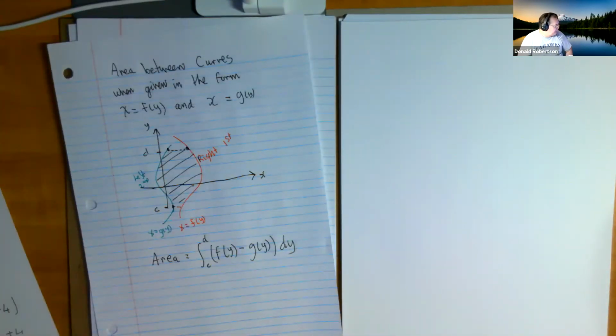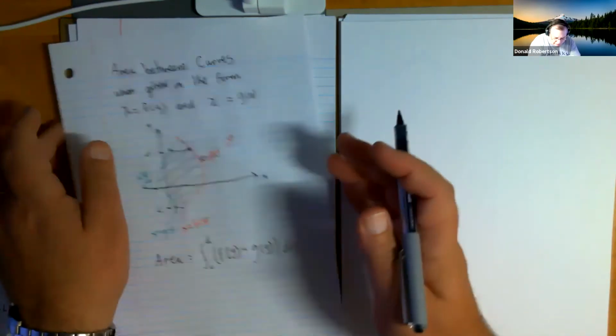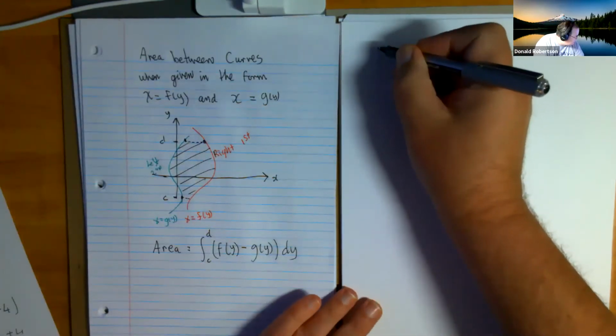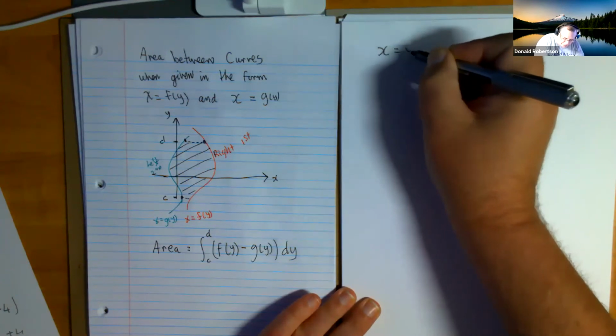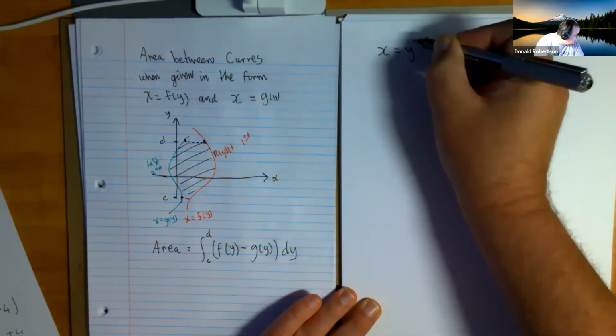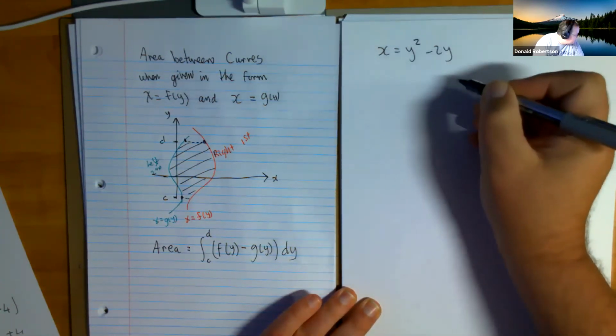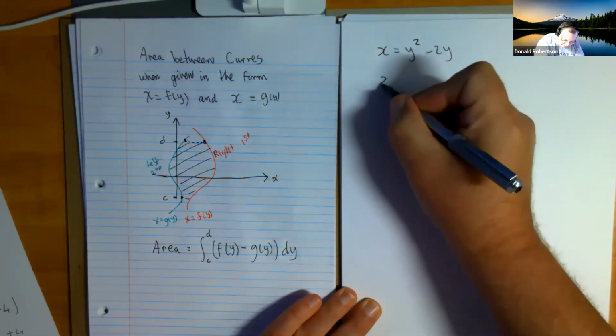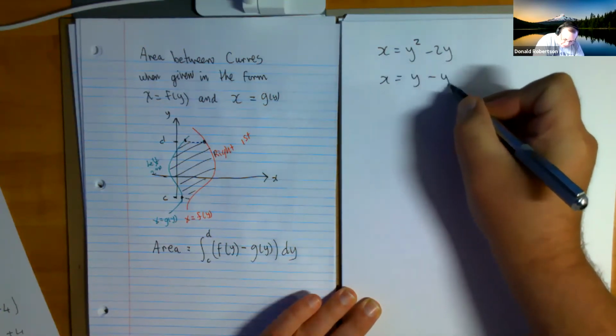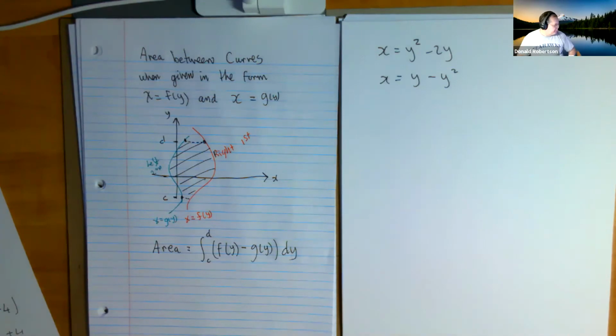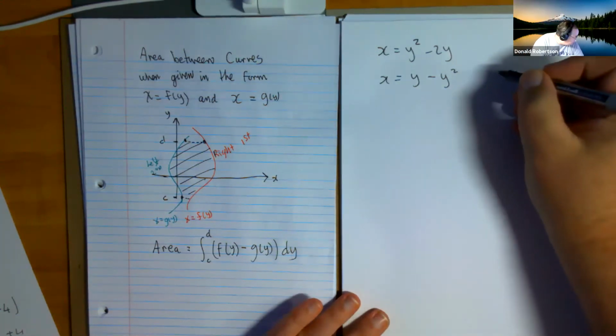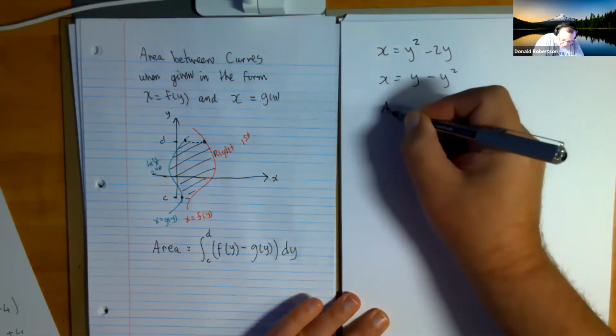So let's suppose that I was given two curves, and it's going to be x equals y squared take away 2y, and the other one's going to be x equals y take away y squared. And I've been asked to find the area between the two curves.